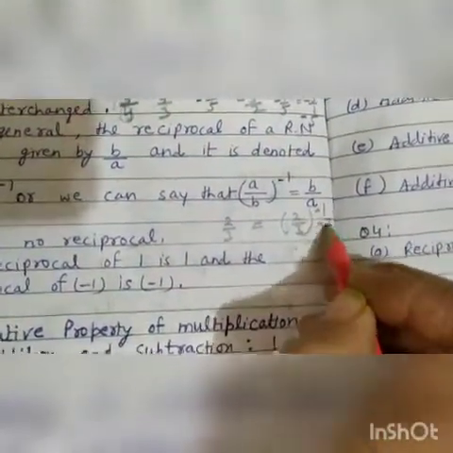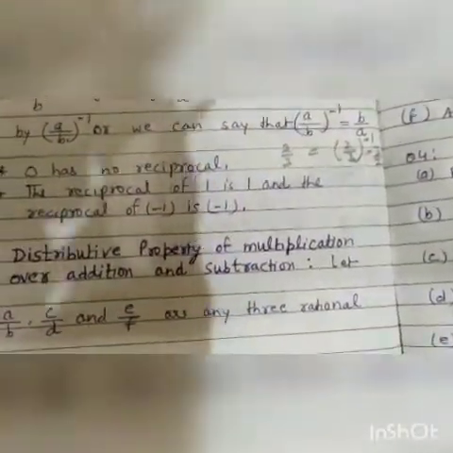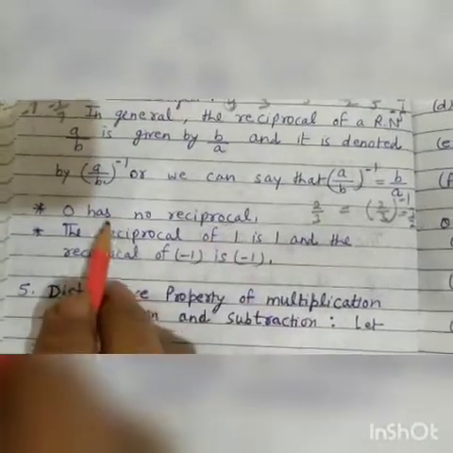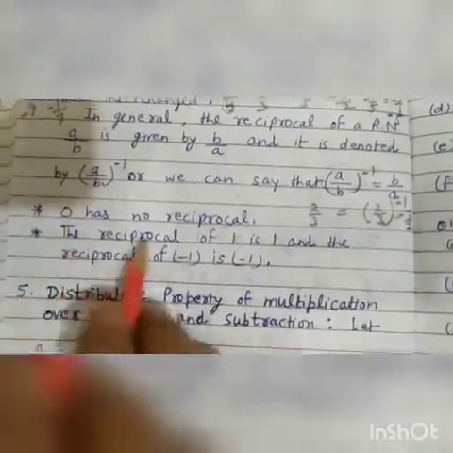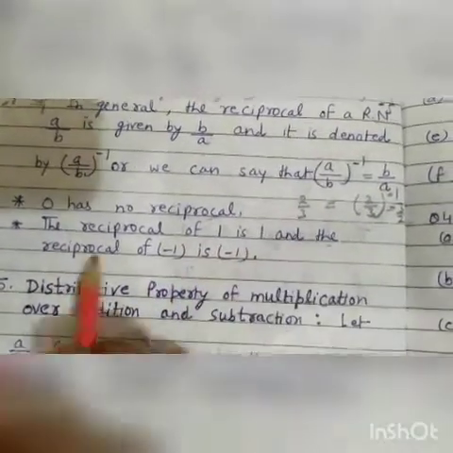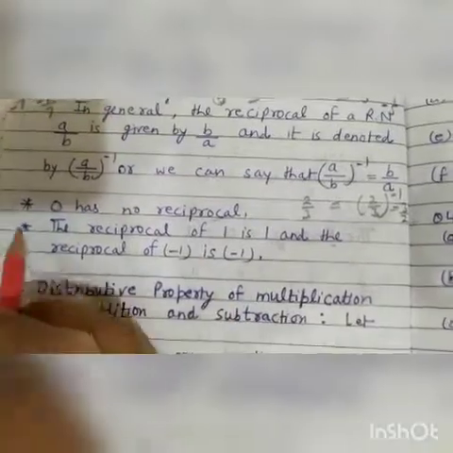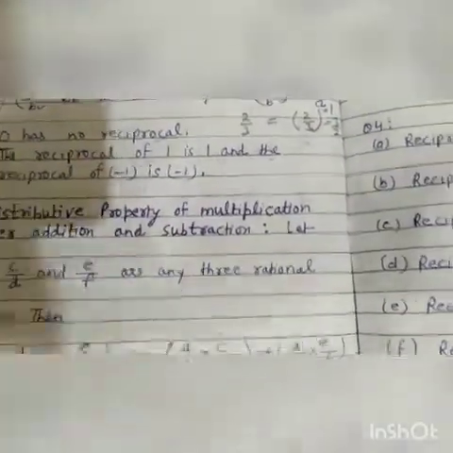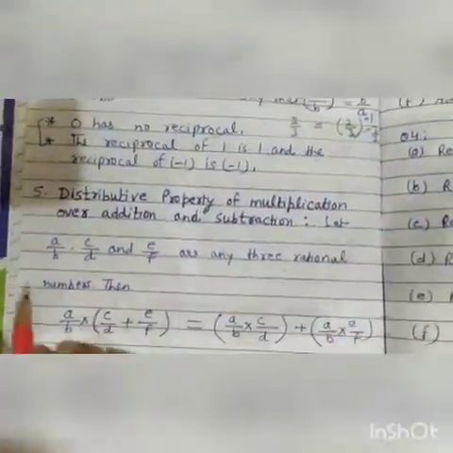It is 3 upon 2. Next point, 0 has no reciprocal. There is no reciprocal for 0. The reciprocal of 1 is 1 and the reciprocal of minus 1 is minus 1. Students, remember these 2 points. These can be asked as true false or fill in the blanks also.